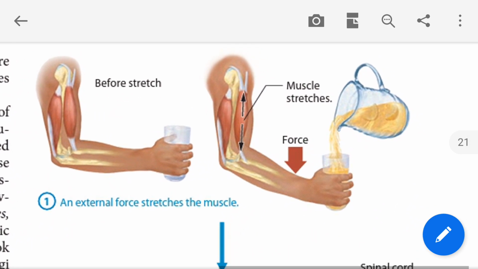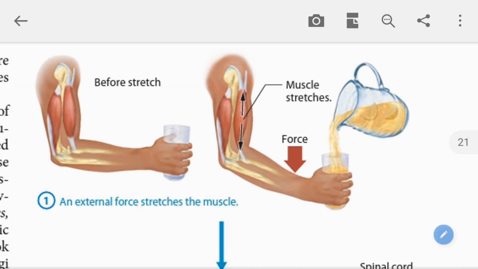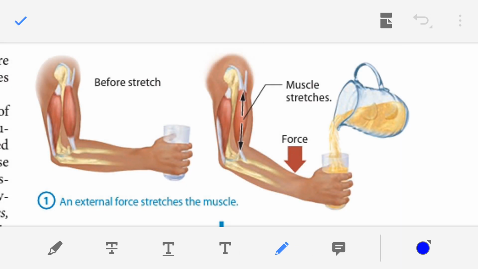Imagine that you are visiting your friend's home, and your friend's mother, that means your auntie, is very kind and generous to you, and she is offering you some orange juice. So she has given you the glass.